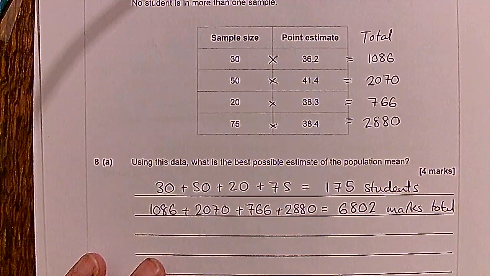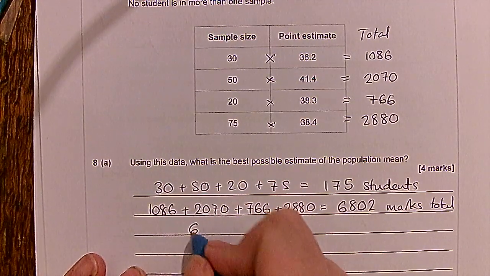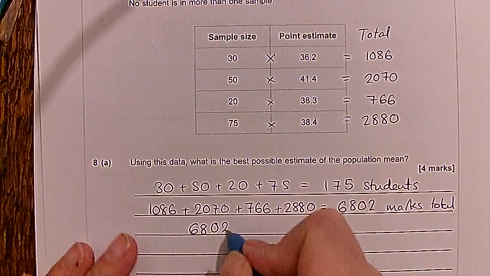And so I can make a really good estimate of the population mean with a much bigger sample by combining them.